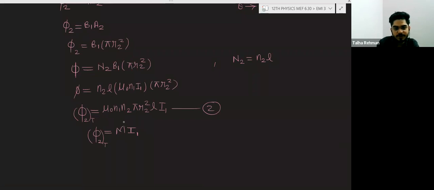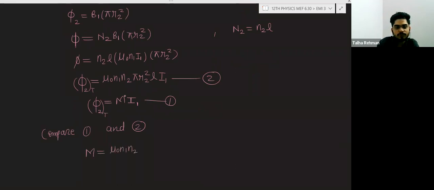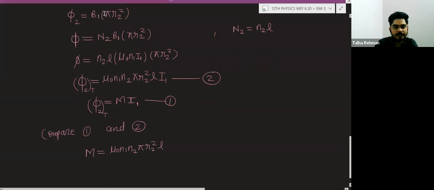Now you will compare equation 1 and 2, and you will get the value of M. I1 and I1 will cancel out. So here the coefficient of mutual induction you will get is mu 0 n1 n2 pi R2 square into L.